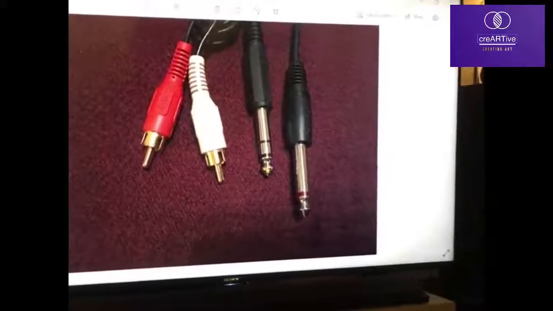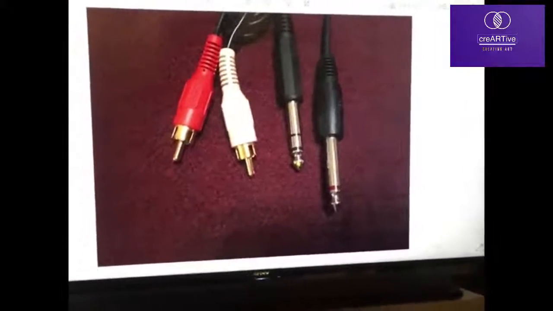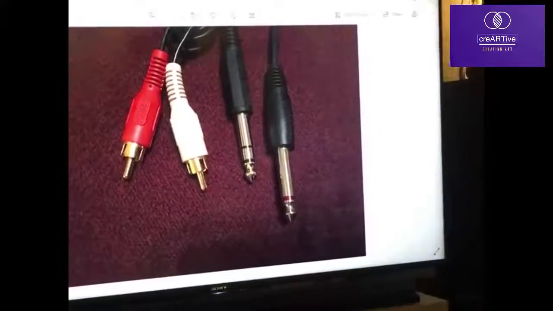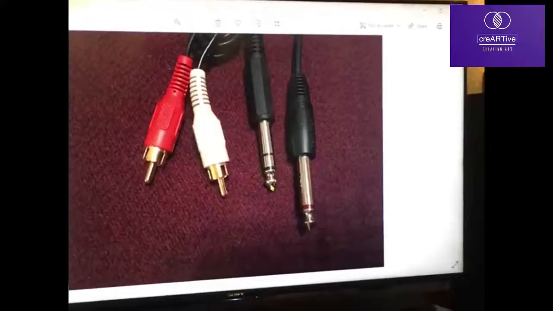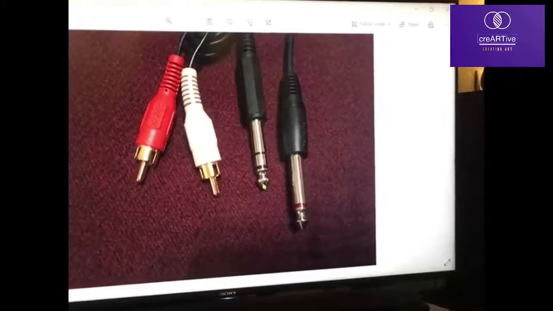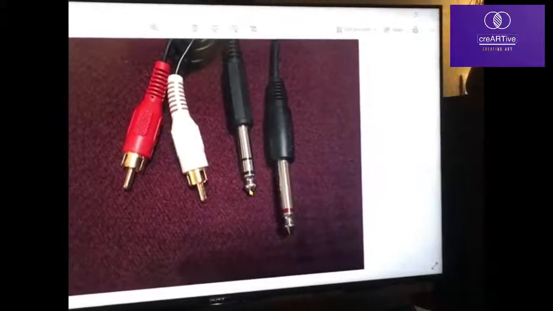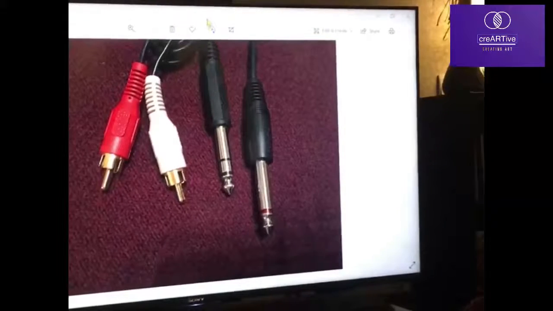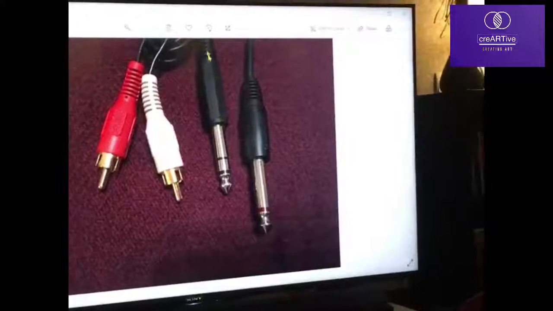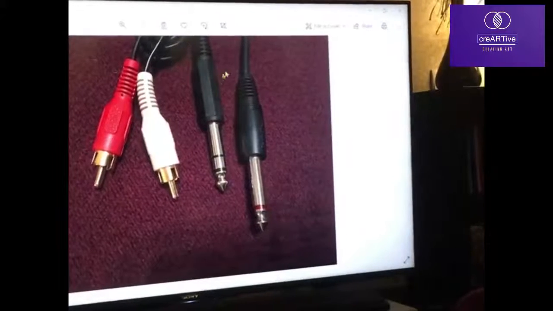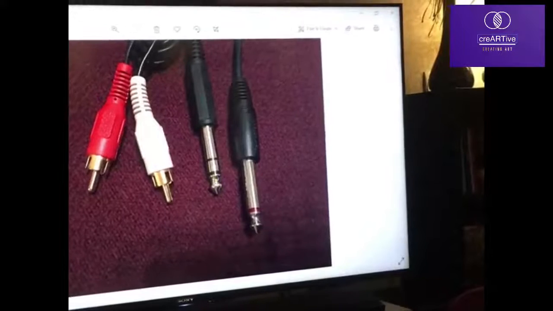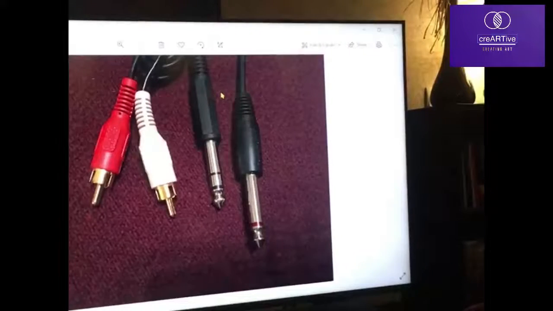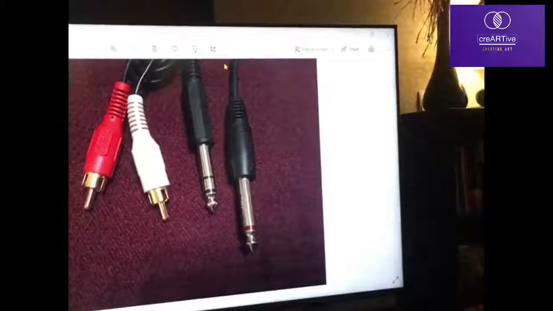So in terms of audio, when audio signals come through this jack, one signal copies the other one. That means there are two signals of the same source, and when they travel through the cable and reach the other end, which is the input if this is an output, they become one signal to the connecting device.